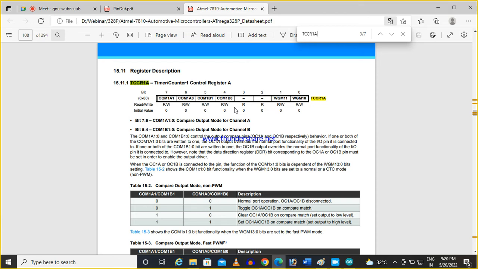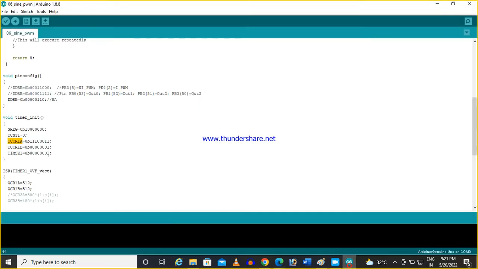The 7th and 6th bits are for channel A, and the 5th and 4th bits are for channel B. So in the code, for the 7th and 6th bits I made it 1, and for the 5th and 4th I made it 10. Why so?